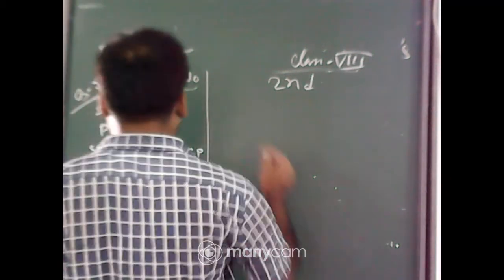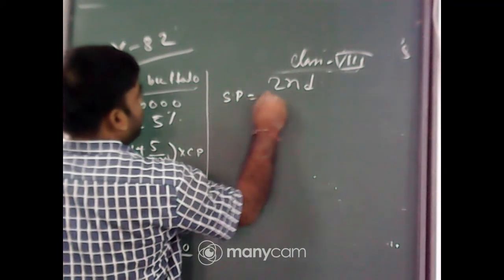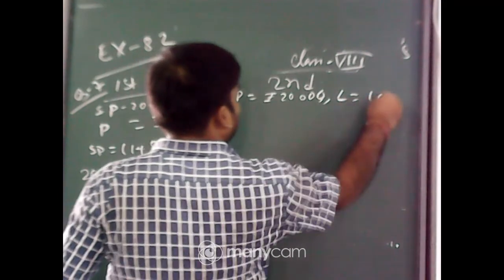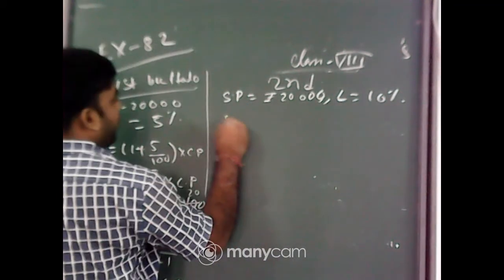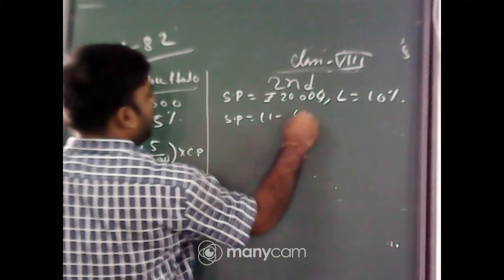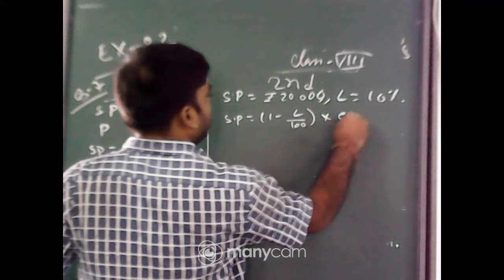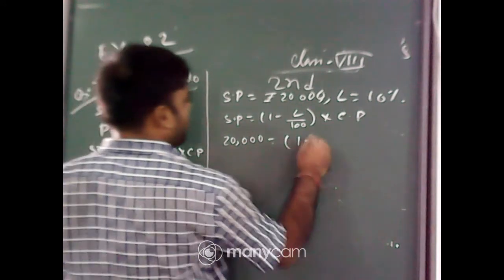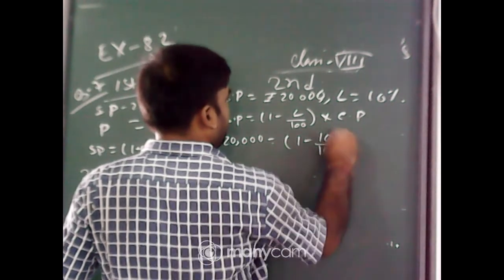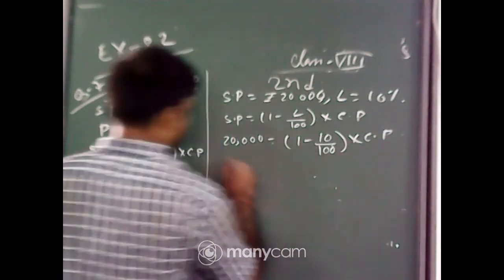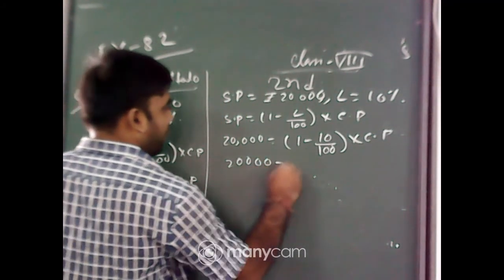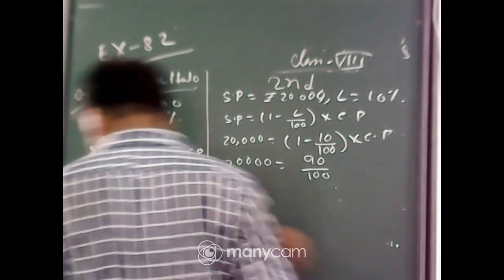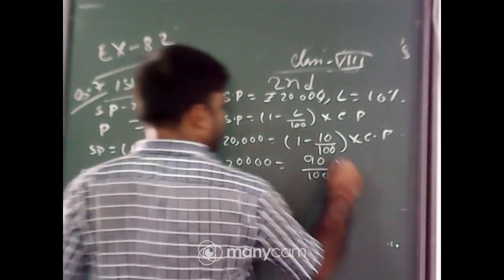And for the second buffalo, SP equals rupees 20,000 and loss equals 10%. Then CP. The SP formula: SP equals (1 minus loss by 100) into CP. So 20,000 equals 90 by 100 into CP.